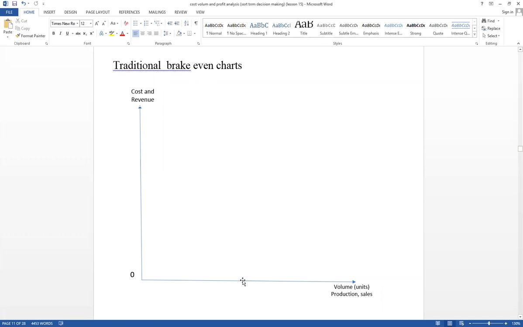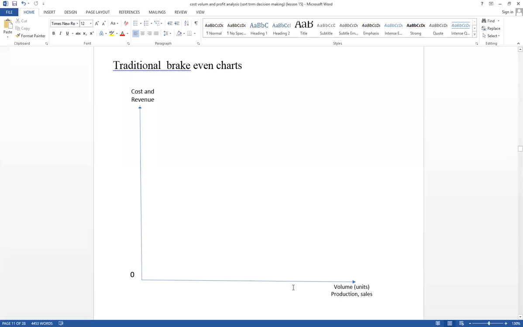Traditional break-even point chart. Normally we have to draw total revenue as well as total fixed cost and total cost. Here no need to draw total variable cost. In a traditional break-even point chart, there are 3 lines you have to draw: total revenue, total fixed cost and total cost. Think about total revenue.